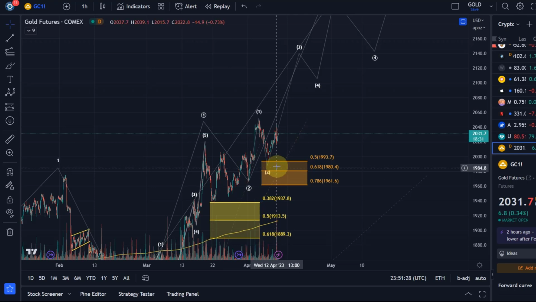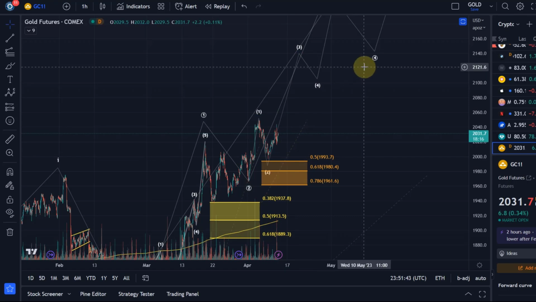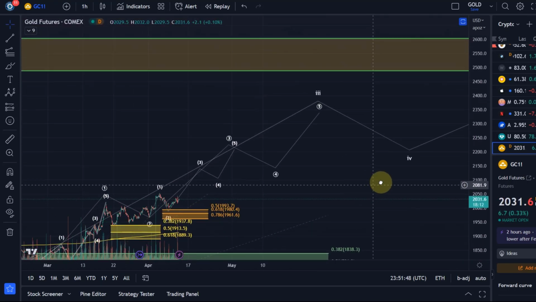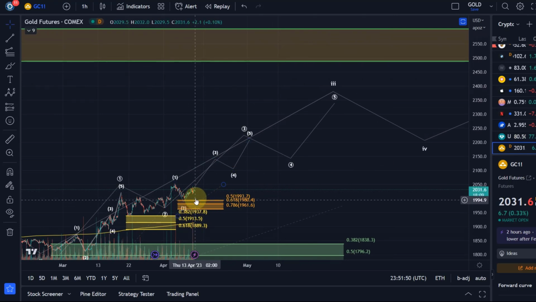And these are the areas where you can measure your risk, because as I just said, as long as we're holding 1961, we can focus on higher. Now that means some people, depending on which strategy you might be using, could set a stop loss below that 1961 level. So if you have a possible reward to risk ratio which is quite high, then this might make sense, depending on your strategy again, right?